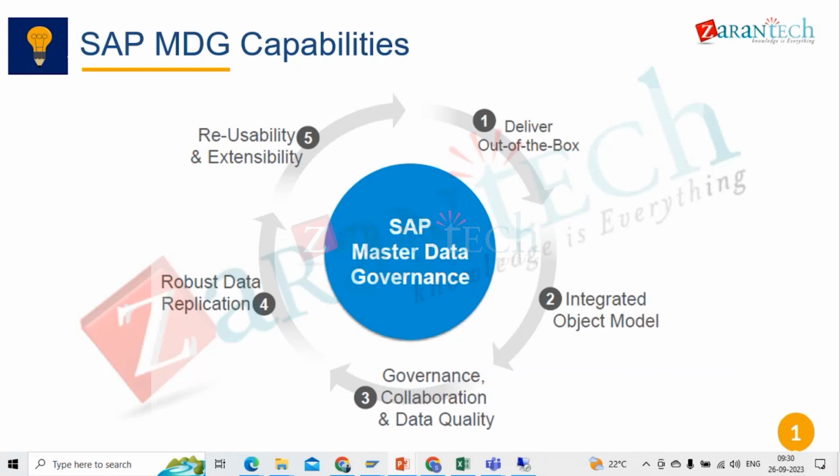Here you can see deliver out of the box. What is deliver out of the box? SAP already provides global solutions. When you use the MDG system, MDG already provides global solutions, and from there you can customize your MDG system as per your business requirements.